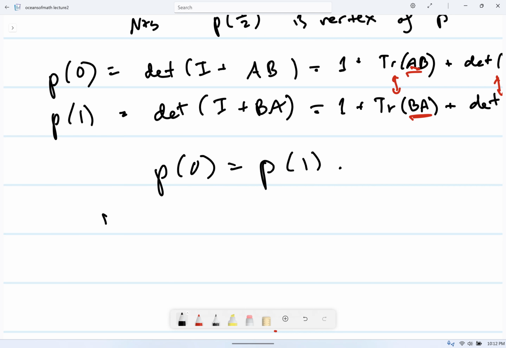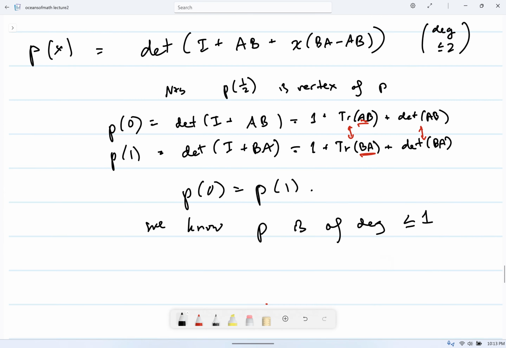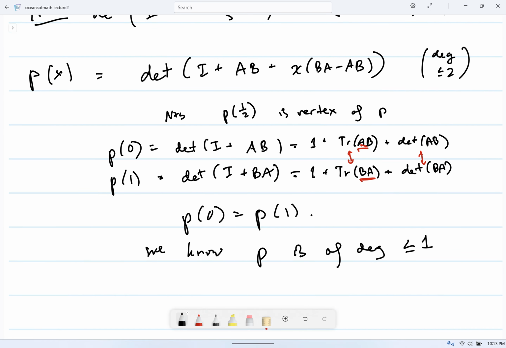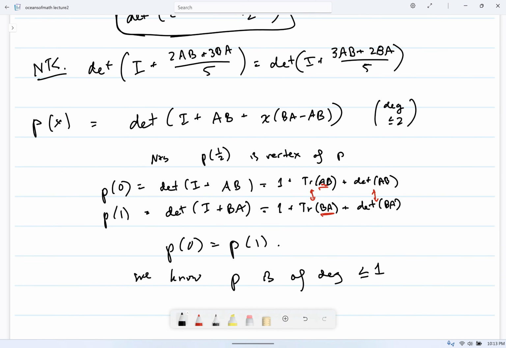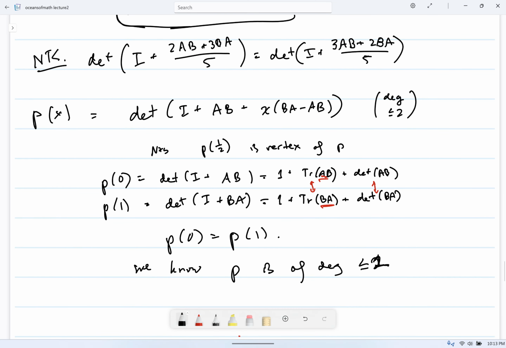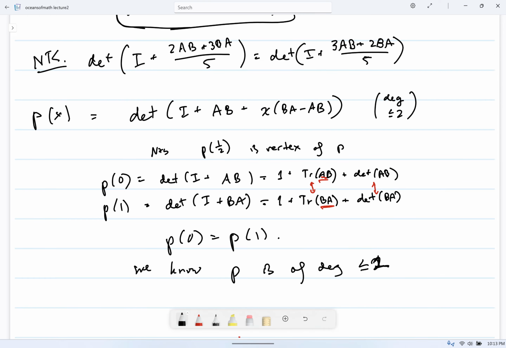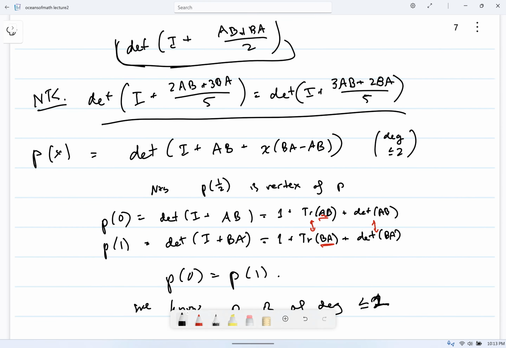Now we know P is of degree less than or equal to 2, but because we have found two values of P that are identical for distinct inputs, P is either of degree exactly equal to 2, so it's actually a quadratic, or it's a constant. And if it's a constant, then these two terms are trivially equal.